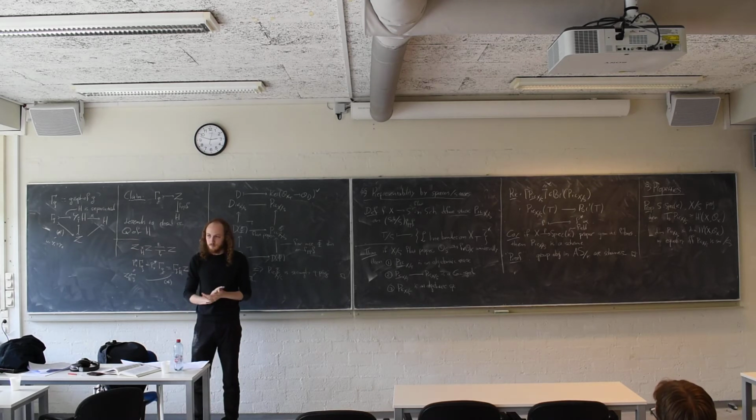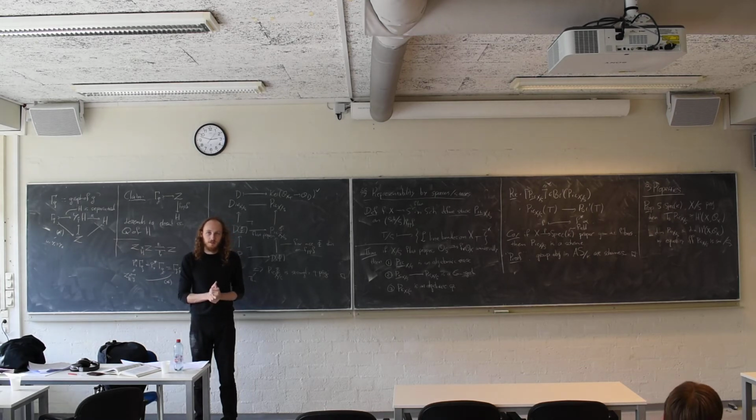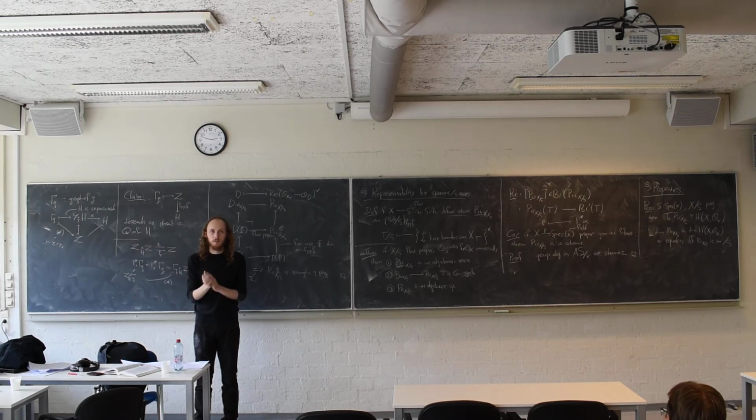Are there any questions? Yes. In this last case, you have a group scheme over K, and it is smooth, say. So it's locally of finite type, and it has a connected component of identity and a group scheme of components.